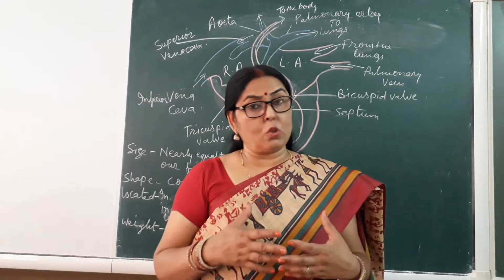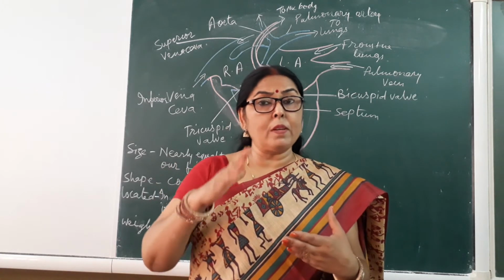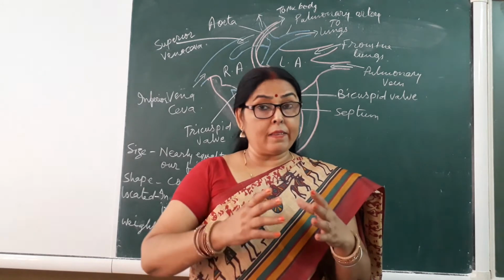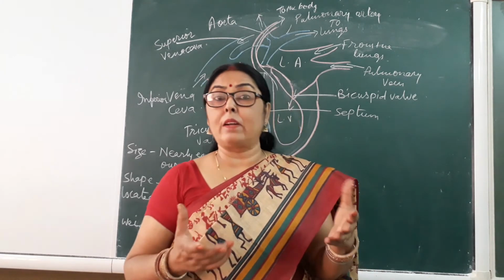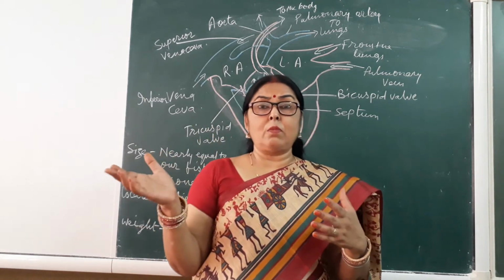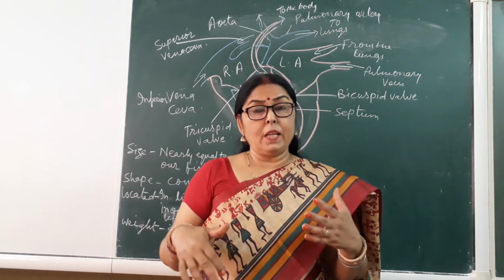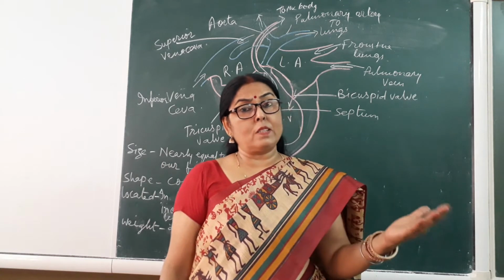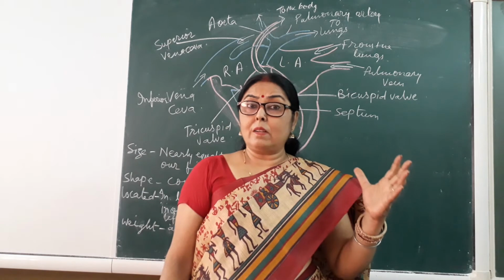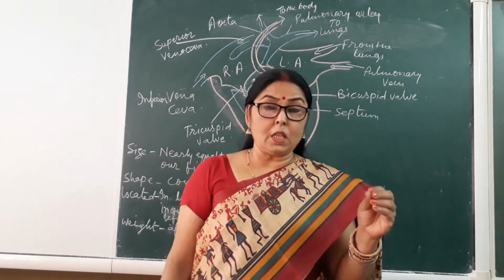This blood is deoxygenated, so it will always come to the right part of the heart. As I have told you, the upper chambers are receiving chambers. So the right part will receive blood from the body and the left part will receive blood from the lungs. This part has oxygenated blood.